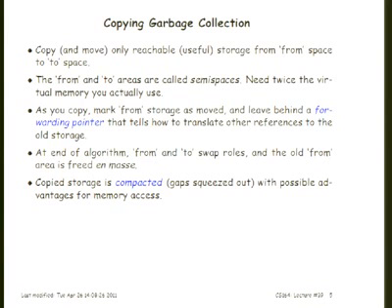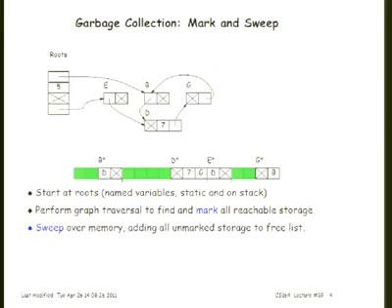So one of the features of mark and sweep garbage collection that you might notice is that the amount of time that you spend garbage collecting is proportional to the total amount of storage. Why is this? Well, you will in any case sweep the storage.